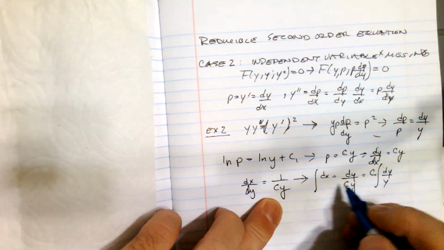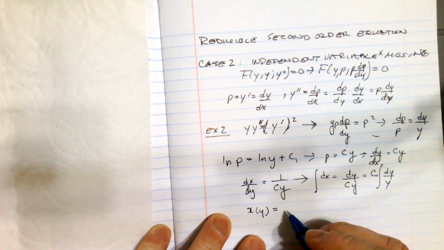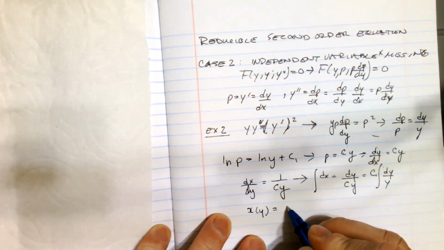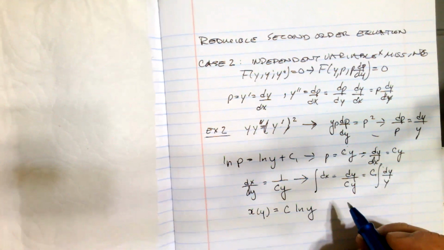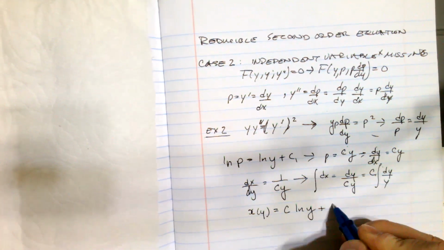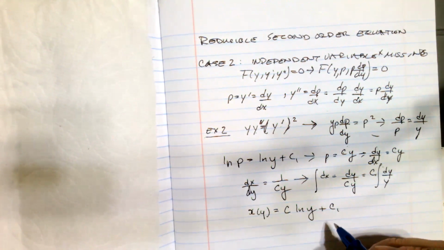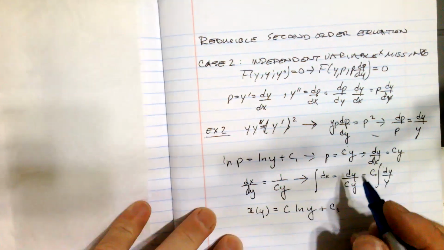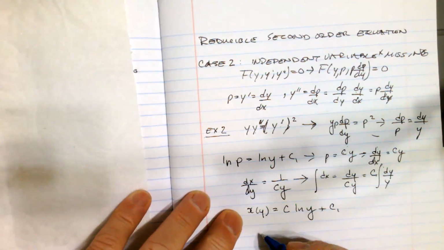Integrating this and integrating that, I'm going to get x as a function of y is equal to c times the natural log of y. And I'm going to have then, of course, another constant. Let's call that one c1. Okay. And then if I want to solve for y and reverse these, you could subtract that c1 over, and then exponentiate both sides.